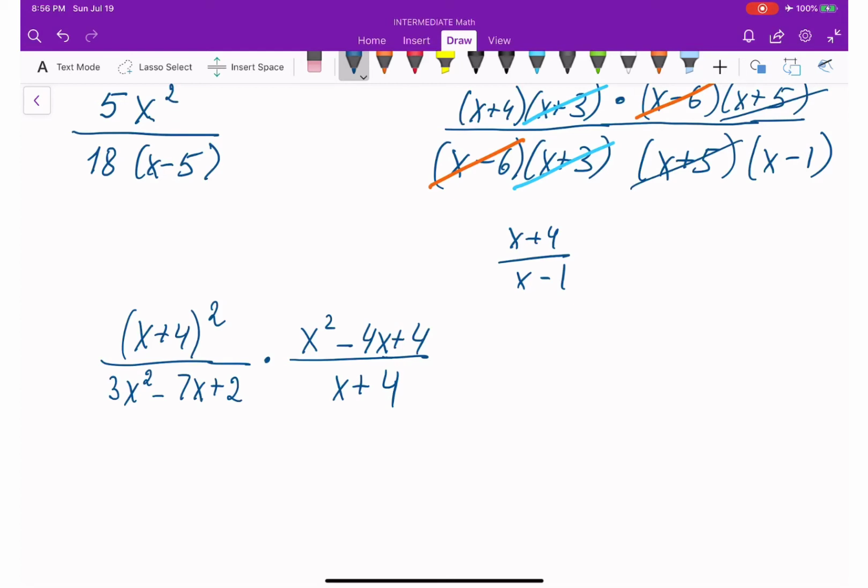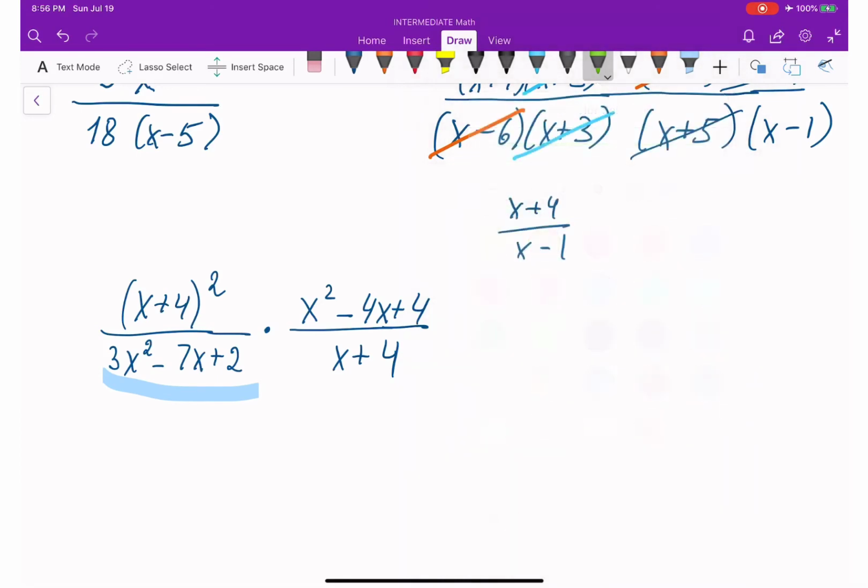Okay. So let's see what we have here. We have 3x squared minus 7x plus 2, so we have to apply the discriminant here, right? Let me take care of that real quick.